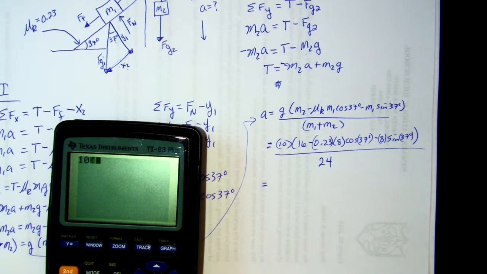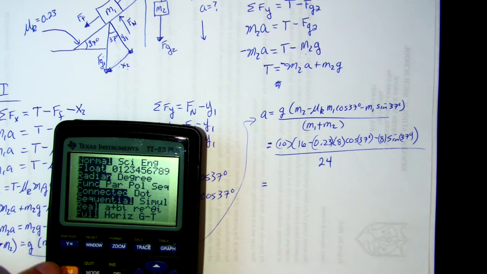So we have 10, parentheses, 16 minus 0.23 times 8 times cosine of 37, minus 8 times sine of 37. And that's the whole top.